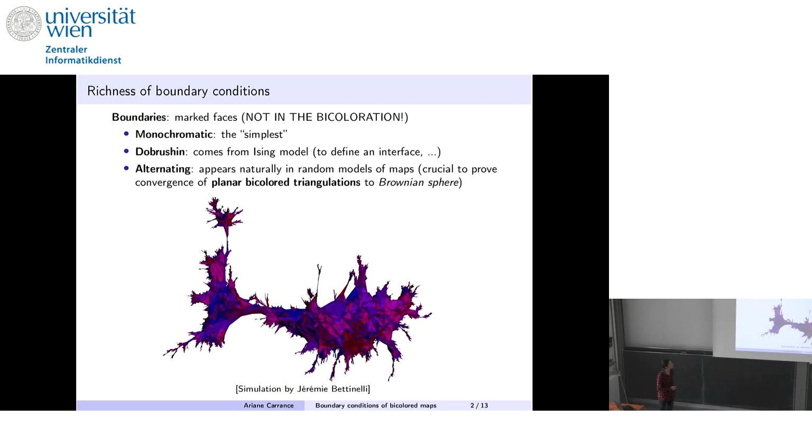More precisely, if you look really at the details, you can see small edges here. So it's not actually the Brownian sphere, which is a continuum object, but an approximation of it by a very, very big quadrangulation in that case, I think.